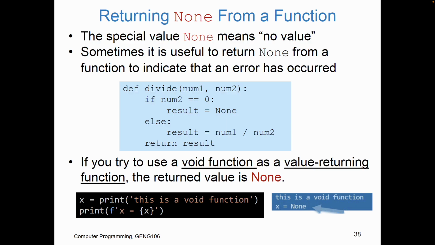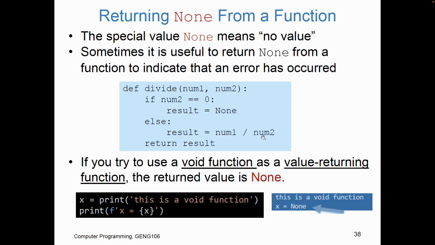I should let the software developer know that there's a problem, and either double check or validate the input so that I shouldn't get a 0. So how can I do it? Instead of trying to return num1 divided by 0, if num2 is 0, I return None, no value, so that the software developer will know that there's a problem. I'm getting here no value, which shouldn't be, so that it will proceed. So for those cases, we use None.